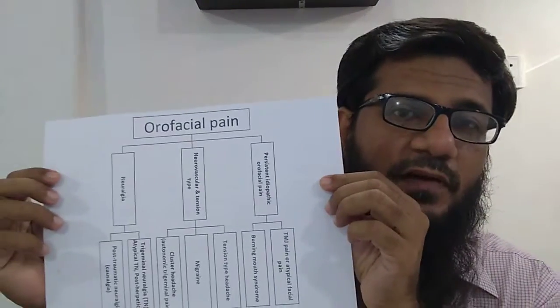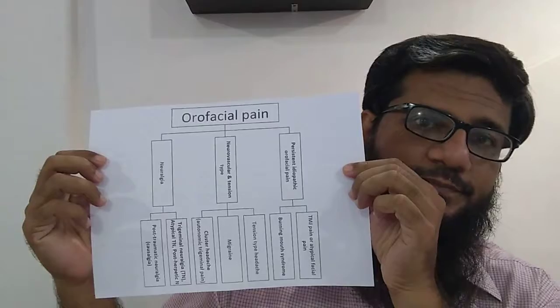Similarly, if the patient says that the pain is of non-dental origin but is stabbing in nature, we should consider trigeminal neuralgia or neuralgia. There are other forms of neuralgia also. If the patient says that the pain is non-dental in origin and also non-stabbing, then we should consider orofacial pain. And this is the chart that I will be discussing in a while about the orofacial pain.